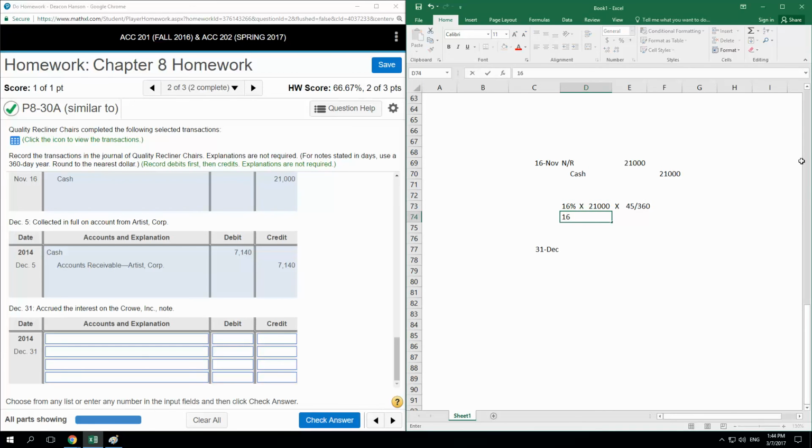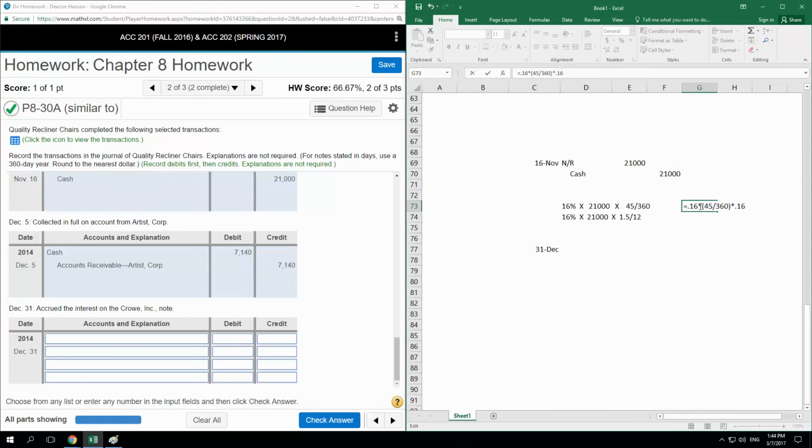Or you could go 16% times 21,000 times a month and a half, so 1.5 divided by 12 months. I think either one would work. Why don't we try this one? So if I go 21,000 times 45 divided by 360 times my rate of 16%. I don't have it in the exact same order. Maybe I should have done it in the order I show up there.